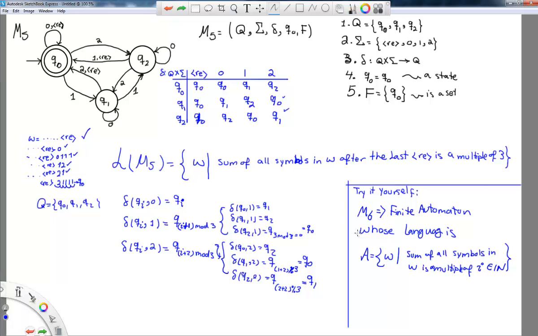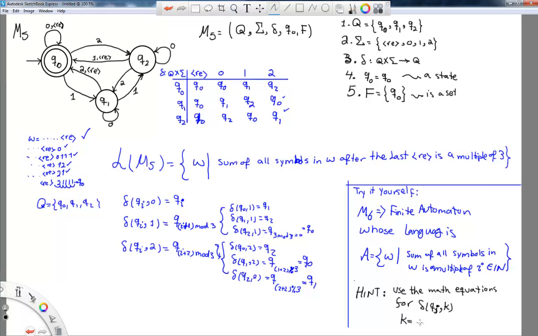And think about it, and we'll start our next unit with explaining this automaton M sub 6 and writing the definition for it. Let me just give you a hint: use the mathematical equations for delta of q sub j and k.